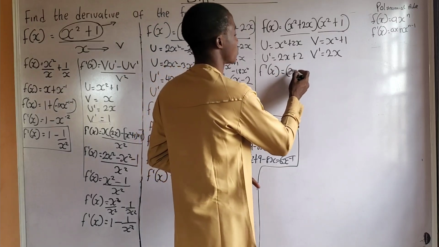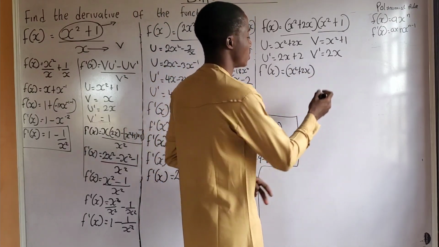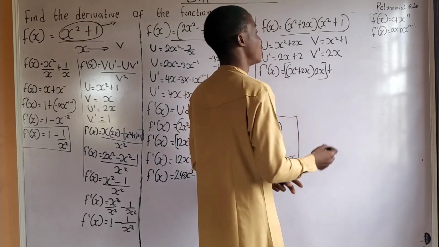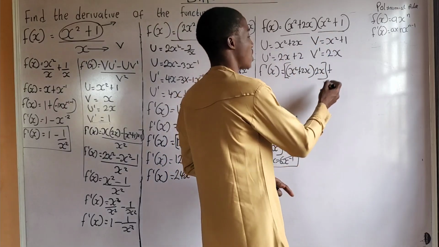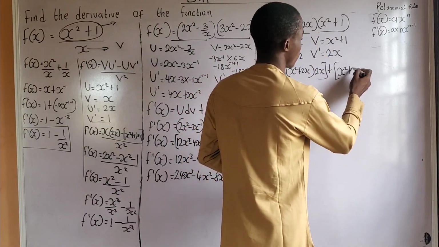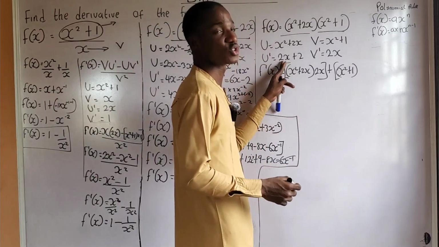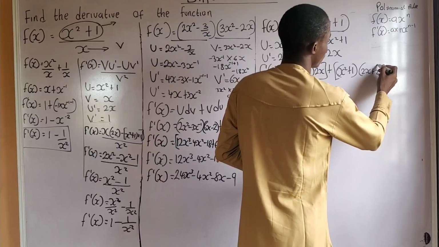I'm going to have x squared plus 2x multiplied by the derivative of v, which is 2x, plus, now you have to keep the second part constant, which is x squared plus 1. So I'm going to have plus x squared plus 1 multiplied by the derivative of u. Derivative of u is 2x plus 2. So I'm going to have multiplied by 2x plus 2.